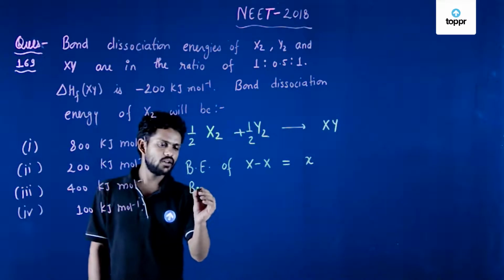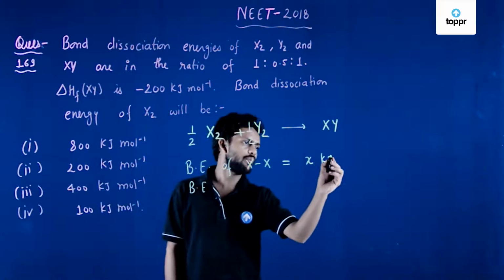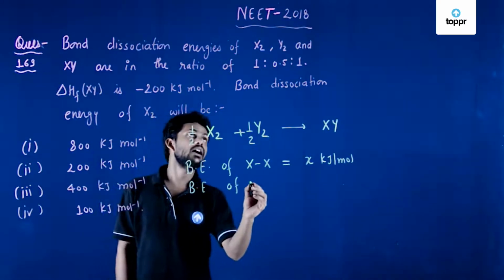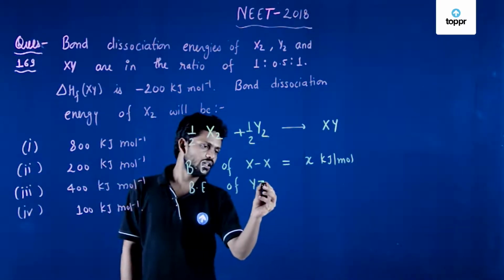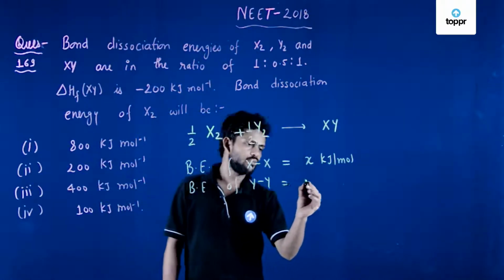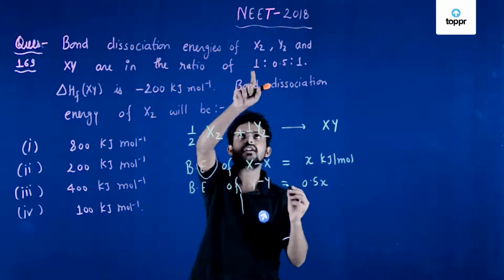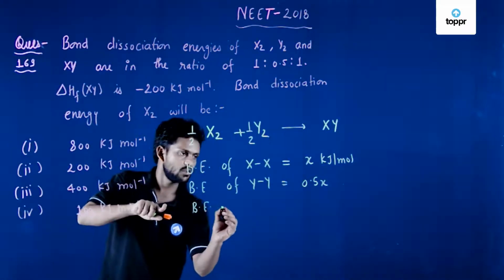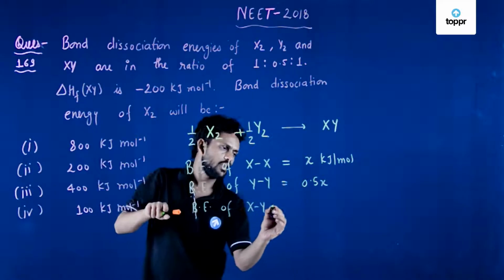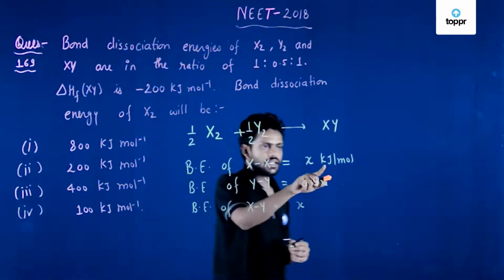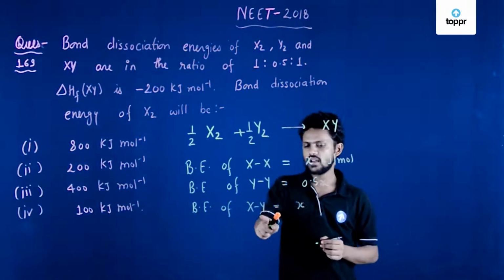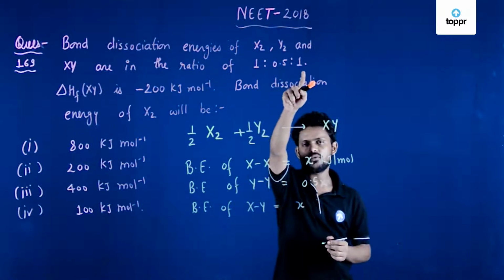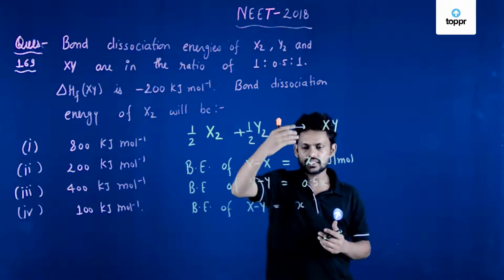Next, the bond energy of Y2 will be 0.5x, simply because the ratio is 1 to 0.5. And the bond energy of XY will again be x, because that is given in the question. I am just going by the ratios.